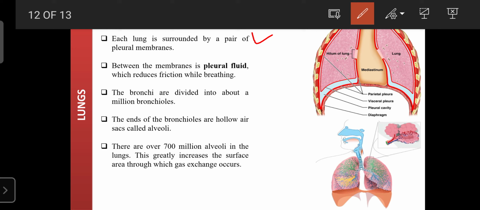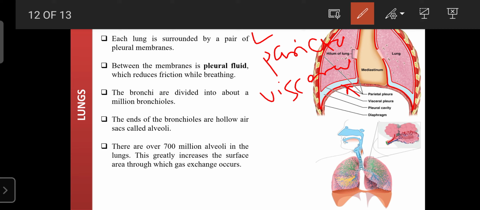The lungs are separated by two layers. The first one is the parietal, which is the outermost. Then the other one is the visceral, which is just above the lungs. Together they make one membrane, known as the pleural membrane.